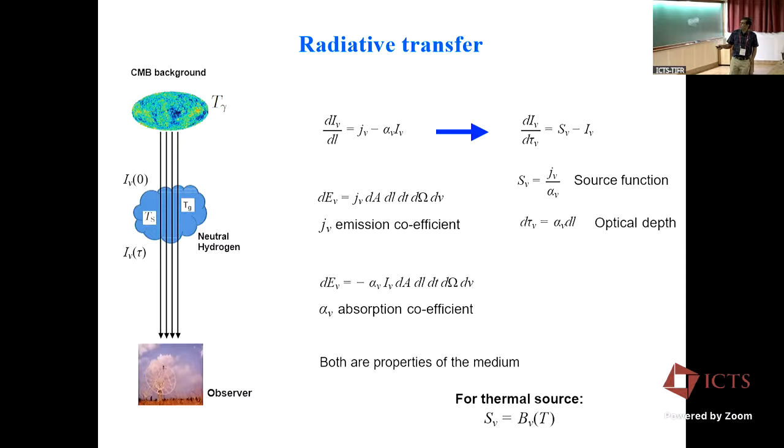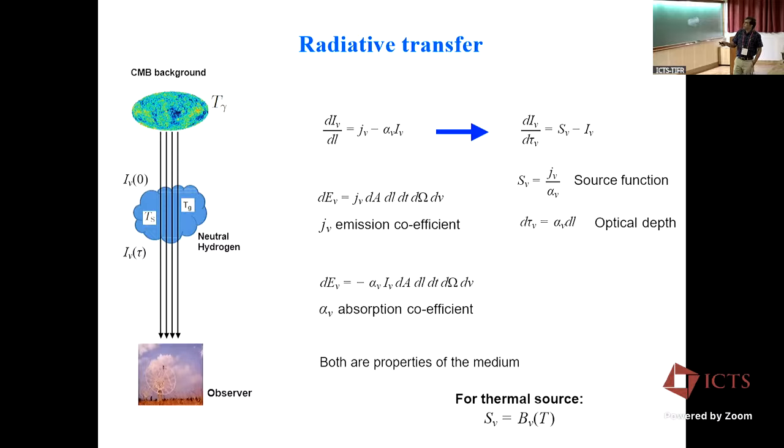It is defined as this: d u nu is equal to this. So the absorption coefficient is defined as radiation absorbed per unit area, per unit length, per unit time, per unit solid angle and frequency for this given I nu, right? So this is the equation.